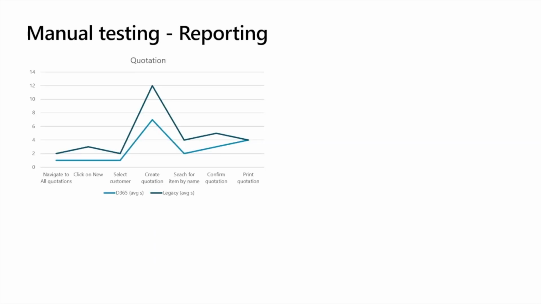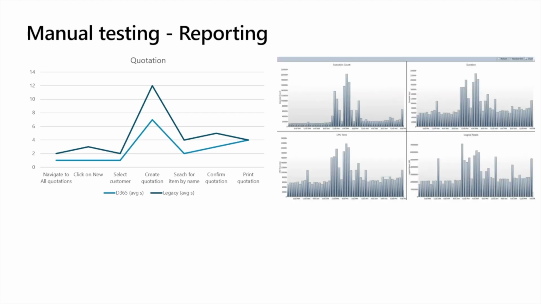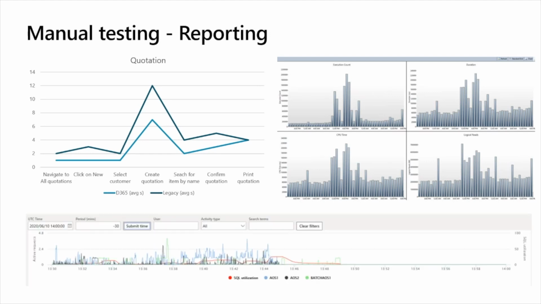While there are numerous reporting templates that are available, it is generally seen that the reports will include timings for various business processes, as well as information from the database query store, and overall system monitoring from LCS.